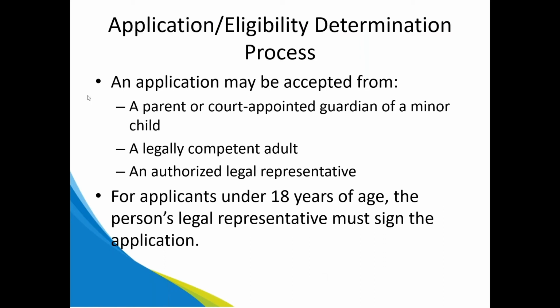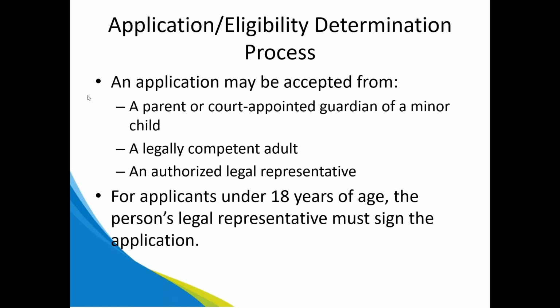The application eligibility determination process involves that an application may be accepted from a parent or court-appointed guardian of a minor child, a legally competent adult, or an authorized legal representative.